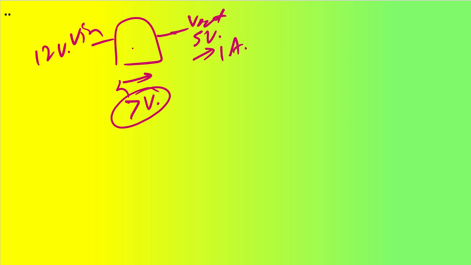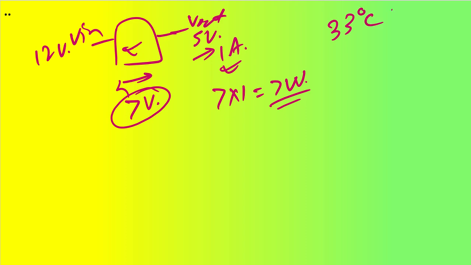So 1 ampere is flowing across this. Then 7 volt into 1 ampere is 7 watt. So that will be the heat dissipation across this. And suppose your thermal resistance was 33 degrees centigrade per watt, let's say it is 30. So 30 multiplied by 7 is around 210 degrees centigrade, it will increase.